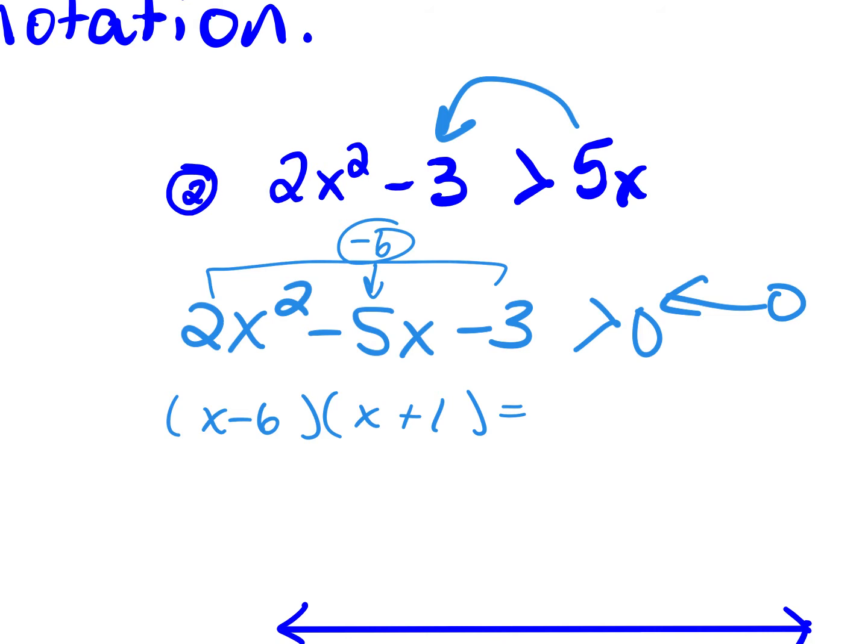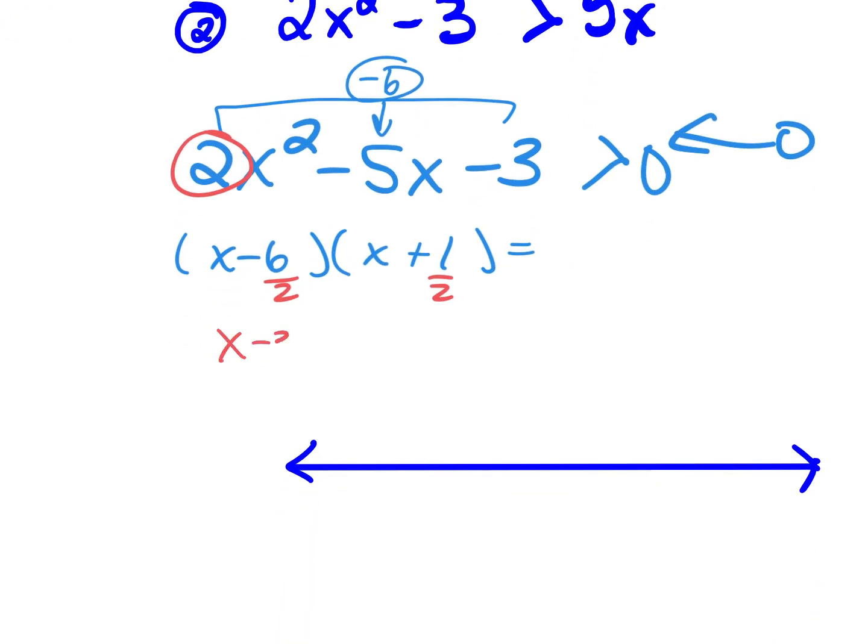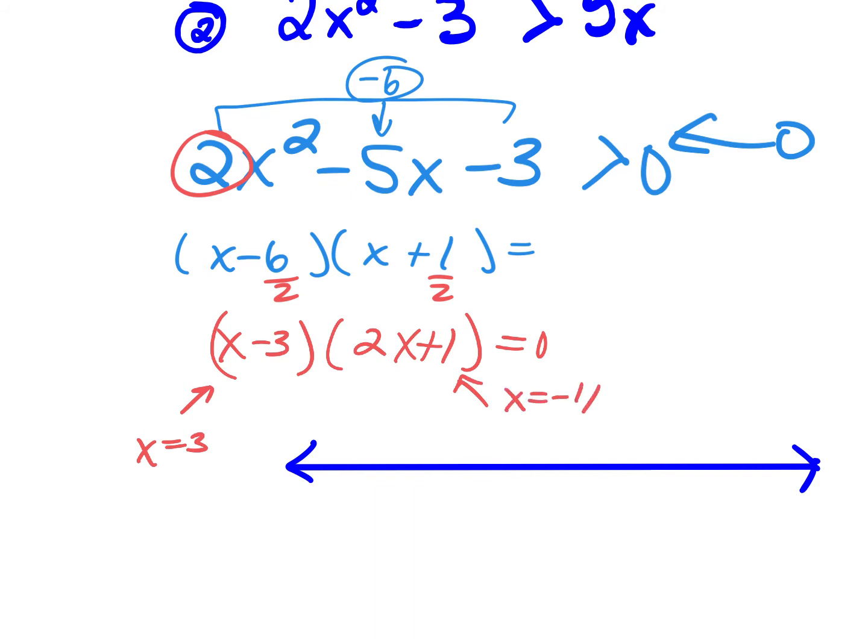Why not? You have to divide it by 2. I have to divide both factors by 2 because my a term is not 1. So this becomes x minus 3 and 2x plus 1. Both of those set equal to 0. So when I solve this, this becomes x equals 3, and this becomes x equals negative 1/2, right?